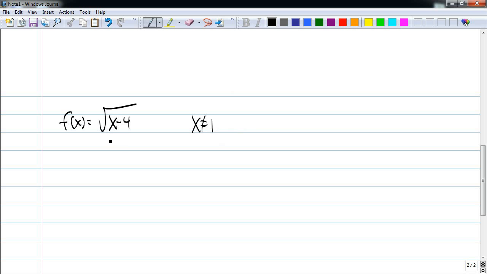Just looking at this, we can see that x must be at least 4 for this to work. Or to put it another way, x has to be greater than or equal to 4.